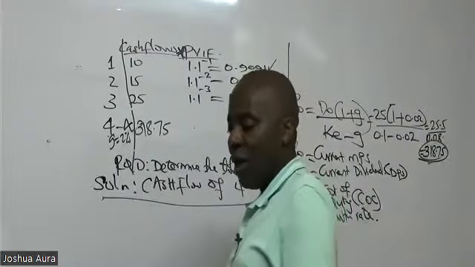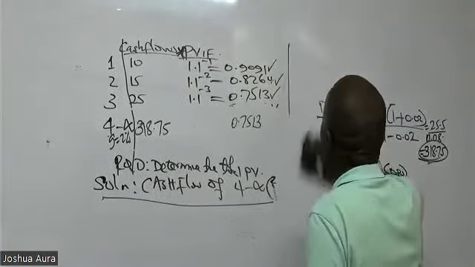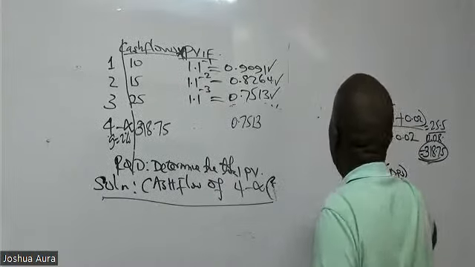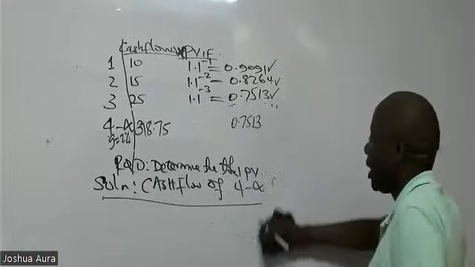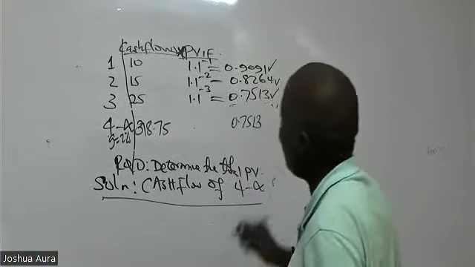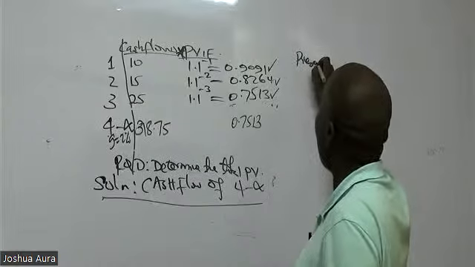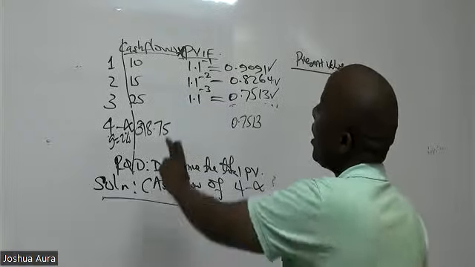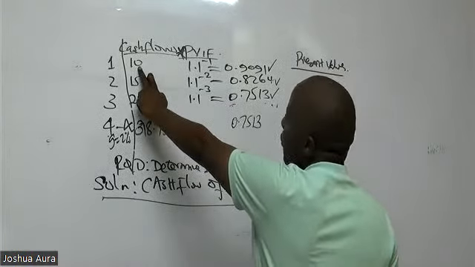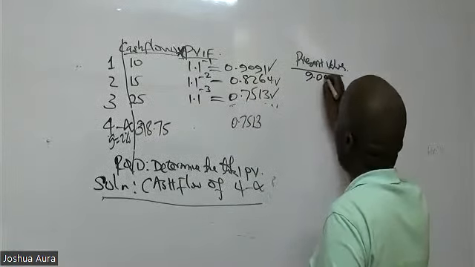Ladies and gentlemen, after that, would you be kind enough to come here and create a column for present values, or discounted cash flows. So we have here present value. The first one will be this cash flow times the PVIF, giving us 9.091.